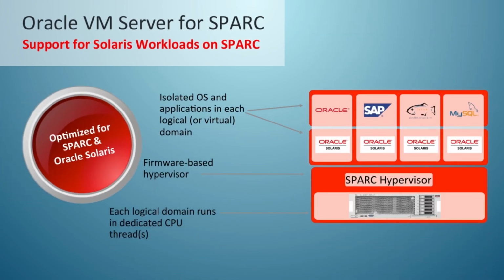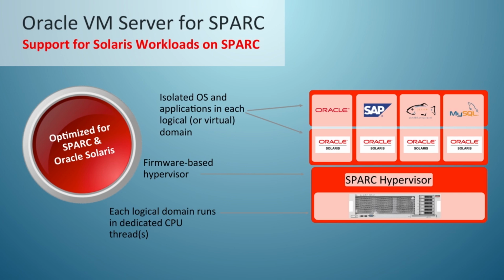Oracle VM Server for SPARC allows a SPARC Solaris-based system to be partitioned and virtualized into multiple separate application domains. Each virtual machine contains its own copy of the Solaris operating system, as well as its own application stack. All of these virtual machines sit on top of a SPARC-based hypervisor that's highly tuned to the SPARC hardware platform, the SPARC microprocessor.